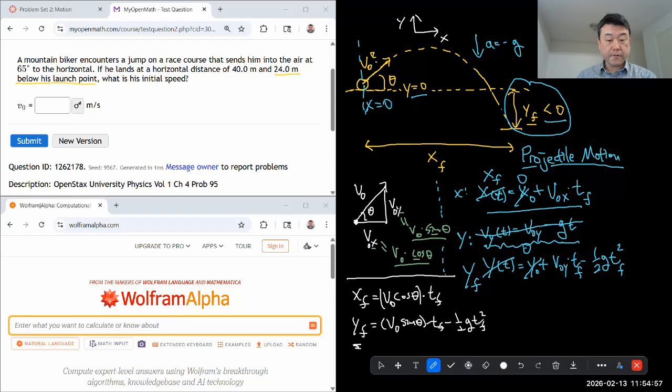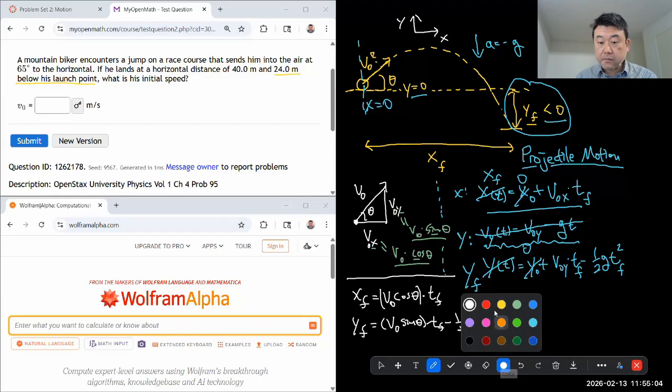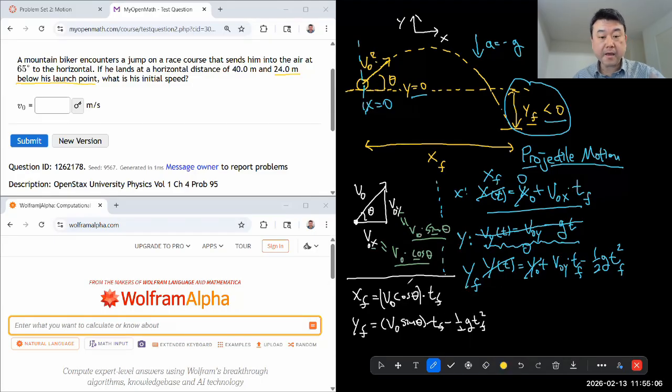And in terms of is this solvable, I think you can see that it's solvable because I have two equations. And when I look, I have two unknowns: the initial speed I don't know, and t final I don't know. Everything else is known. So, you know, two equations, two unknowns, it's solvable.